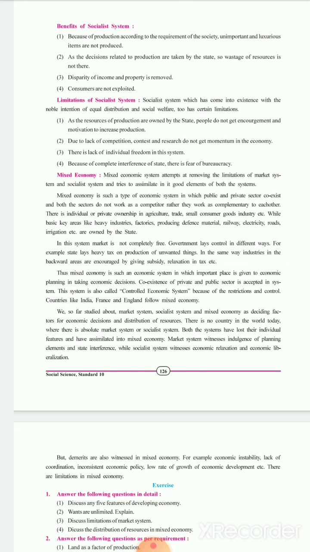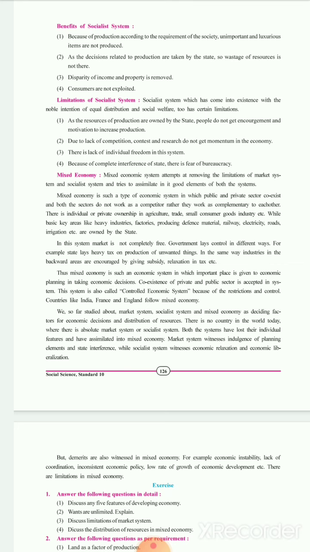Because many other countries have adopted some other methods, one of the methods is known as mixed economy, that is the third system. This mixed economic system attempts to remove the limitations of both systems, the market mechanism system as well as the socialist system, and it tries to assimilate or amalgamate good elements of both.